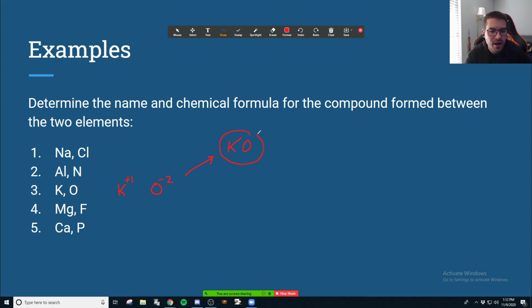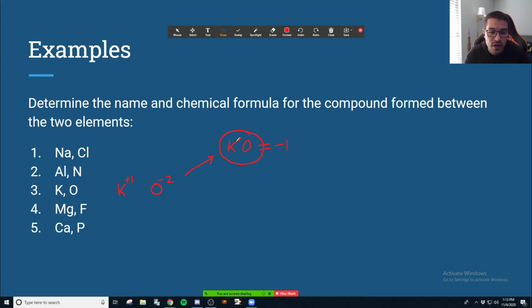This does not have an overall charge of 0. The overall charge of this would be -1. Oxygen has a -2 charge. Potassium is only +1. The negatives are winning. It's kind of like doing math. +1 - 2. That's -1.